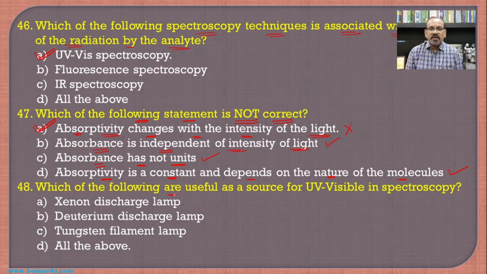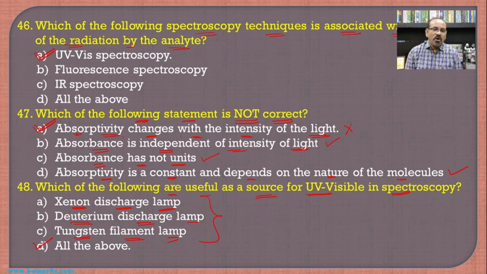Then which of the following are useful as a source of ultraviolet visible in spectroscopy? If you see the xenon discharge lamp, then deuterium discharge lamp, and the tungsten filament lamp, all these three are used as a source for ultraviolet visible light in spectroscopy.